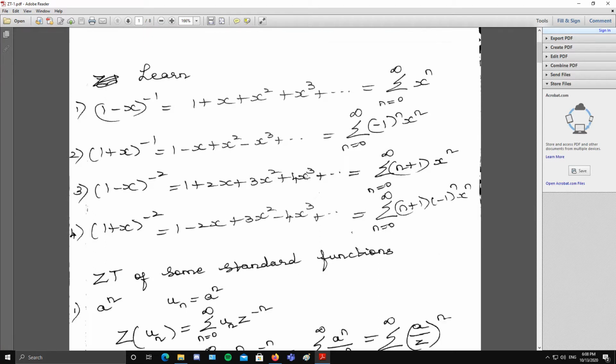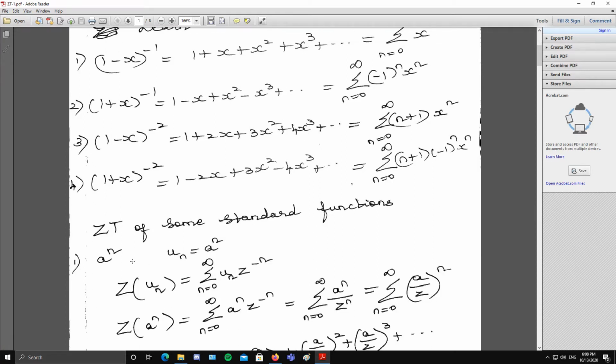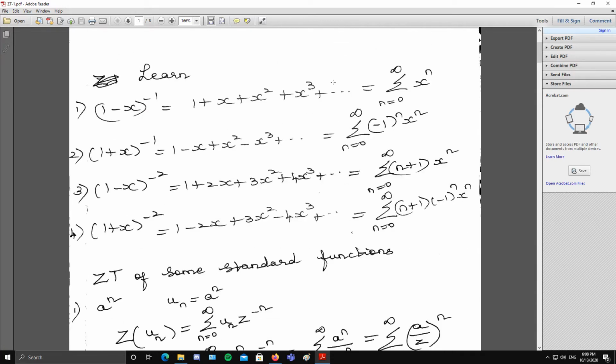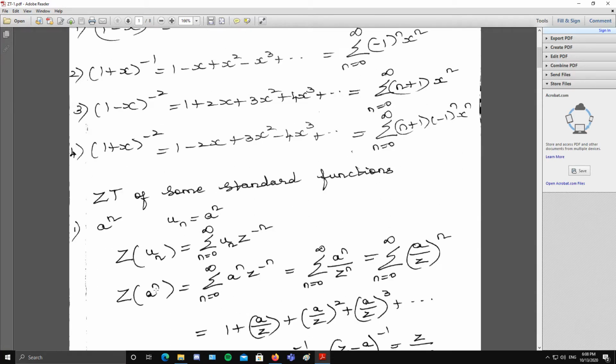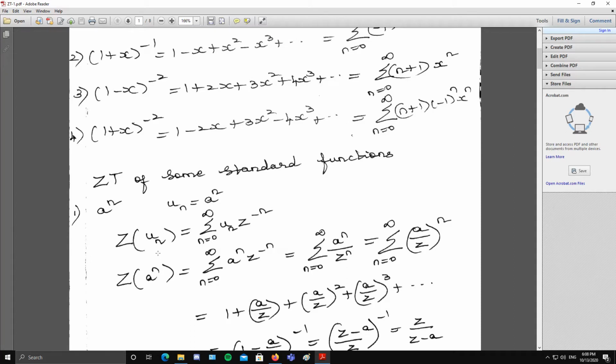Now we will get into Z transform of some standard functions. So the first one is a^n. I told you Z transform is always for the nth term. So Un is a^n. Start with the definition. Z of Un is summation Un Z^(-n), where n varies from 0 to infinity.